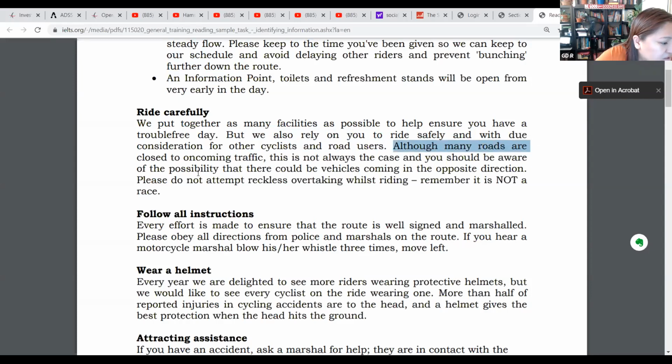Although many roads are closed to oncoming traffic, this is not always the case, and you should be aware of the possibility that there could be vehicles coming in the opposite directions. So it doesn't exactly say, but when you read this sentence, it says there's normal traffic, right? Because cars would go to the opposite. Yeah, there's two-way traffic. That's what you would understand from this passage.